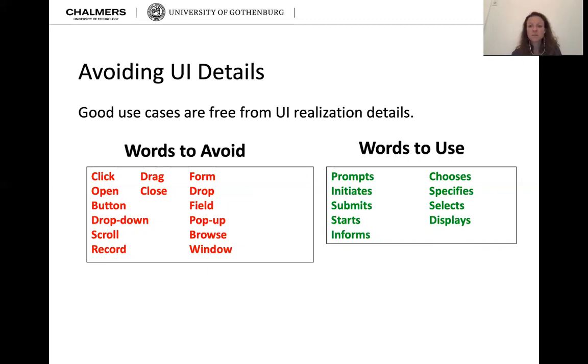So instead, we say what is happening, but not how. So use the words on the right. The system prompts, the user initiates, the user submits, the system starts, the system informs, the user chooses, the system specifies, the user selects, the system displays. Those are your good words. Stick to those.